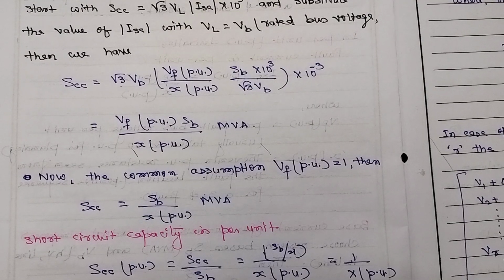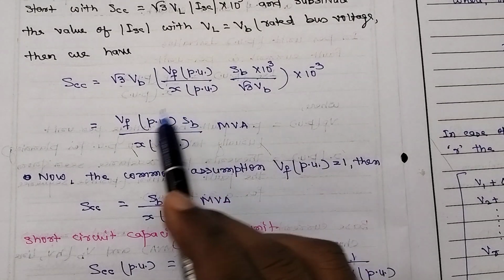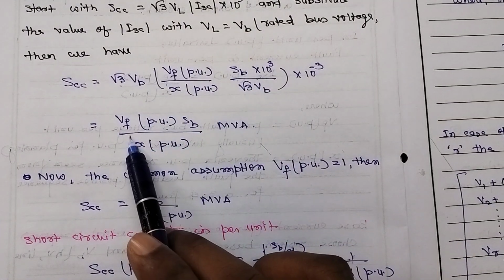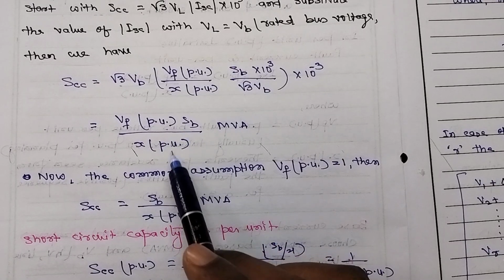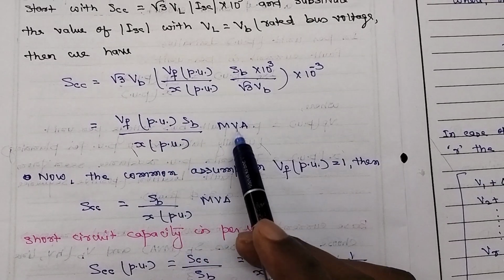If we solve this part, we get VF per unit into SB divided by X per unit in MVA.